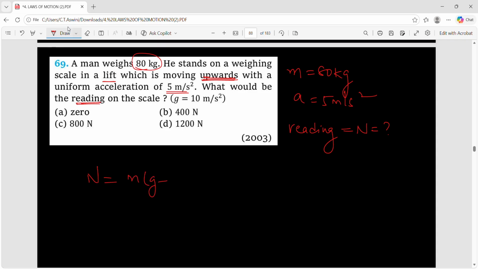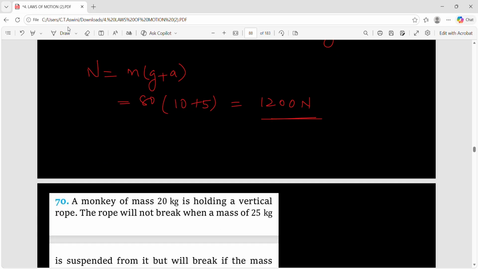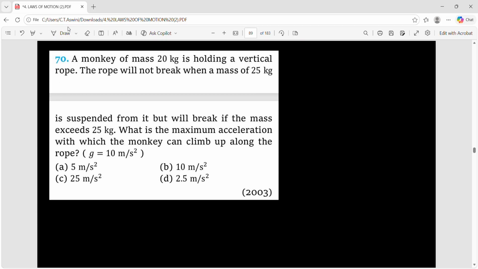What is the normal reaction formula? Mg plus Ma or M of g plus a. So M is 80, g is 10, acceleration is 5. So 15 into 80, 15 8s are 120, extra 0. So 1200 newtons. See how easy the problems are. Just based on formulas, direct formulas.